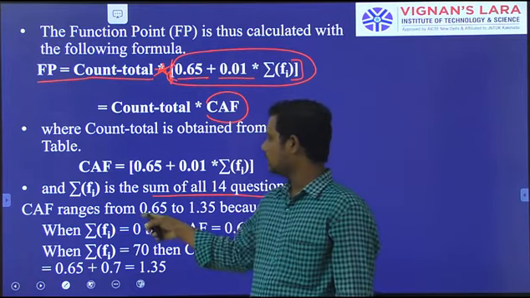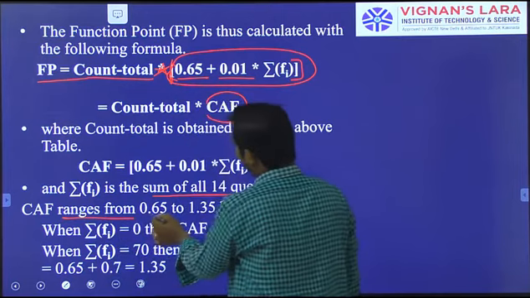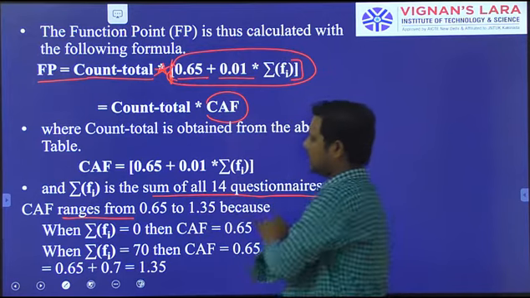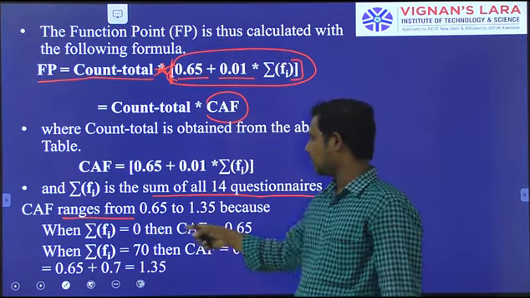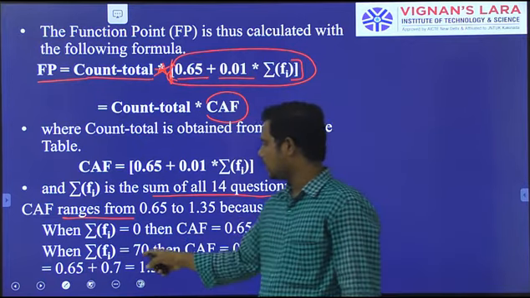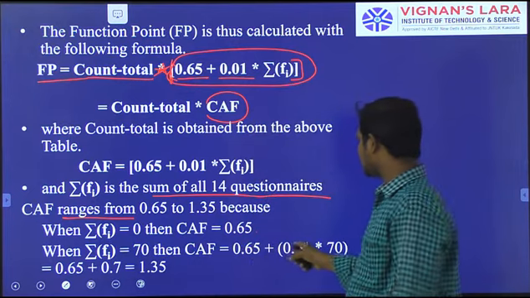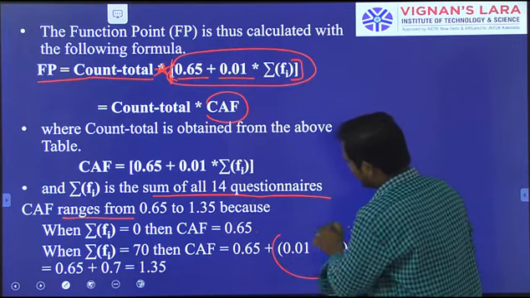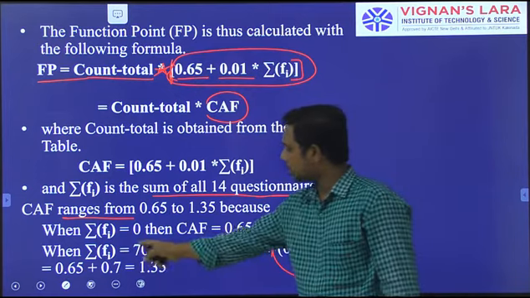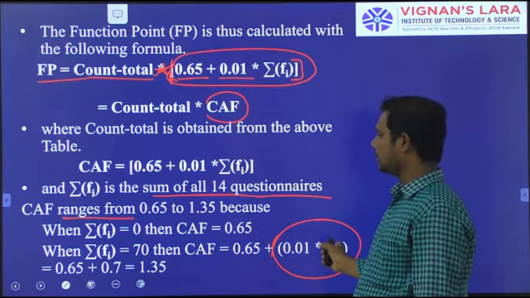And the next one is our range. The range is 0.65 to 1.35. Suppose the sum of Fi is 70, then 0.65 plus you multiply 0.01 by 70, because we are taking 70 as the number.